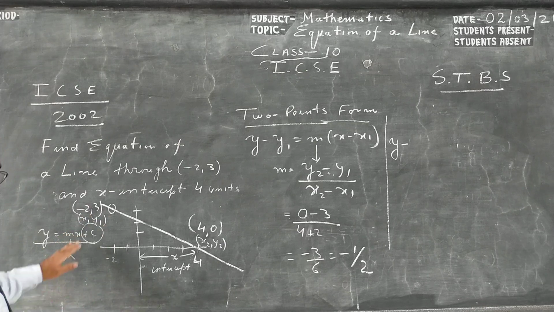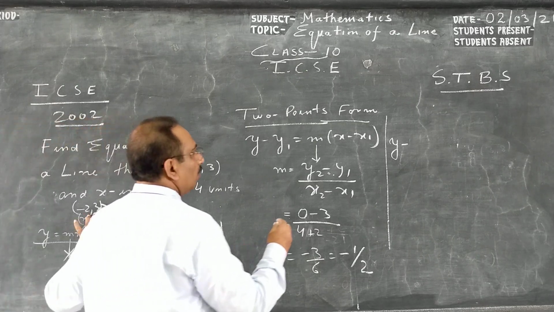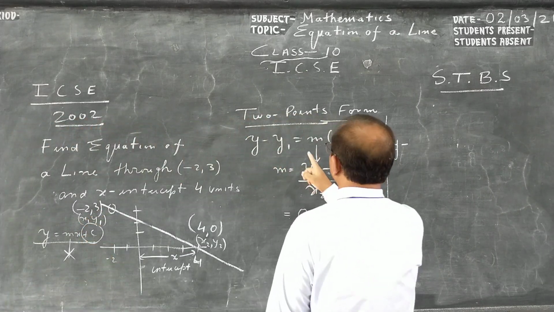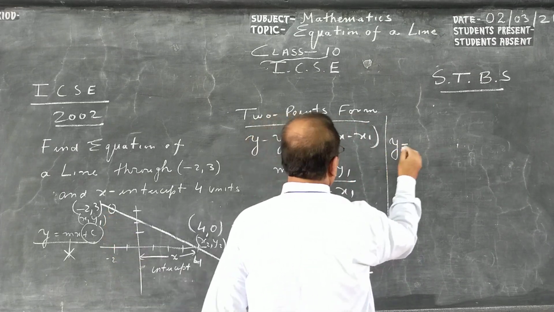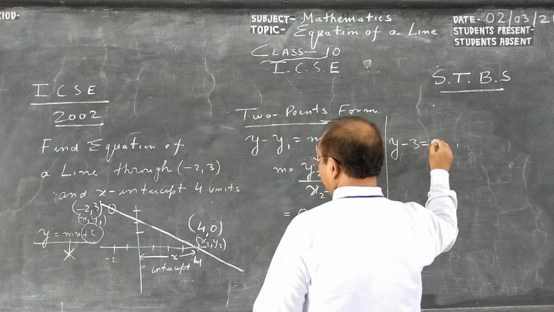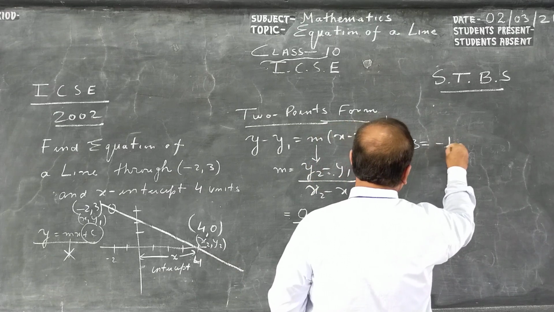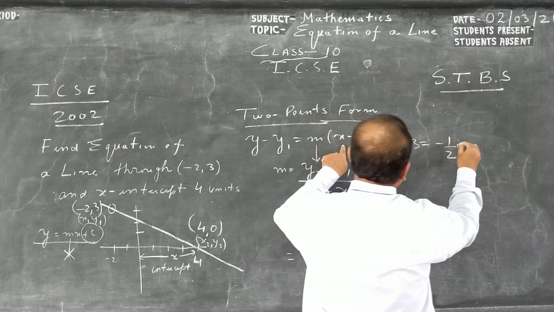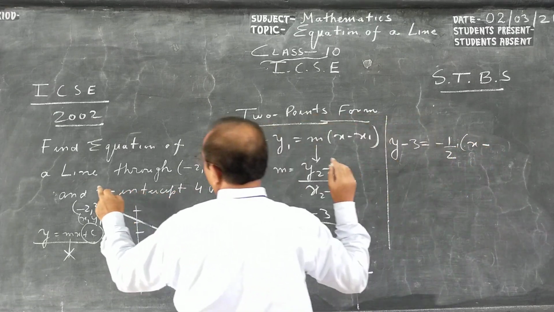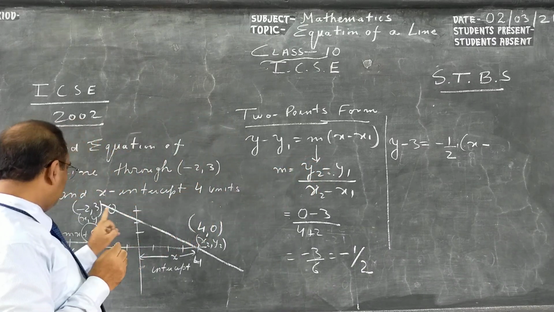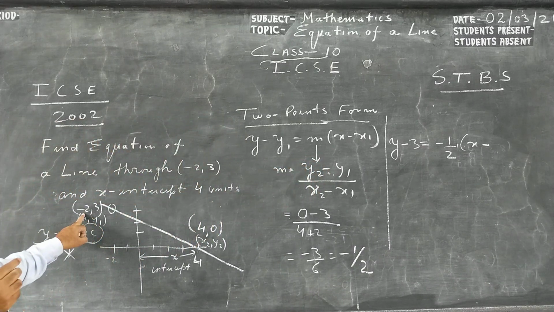You can check that. So I'm taking x1, y1 as this: y minus y1, where y1 is 3, m we have got as minus, times x minus x1, where minus 2 becomes plus 2.